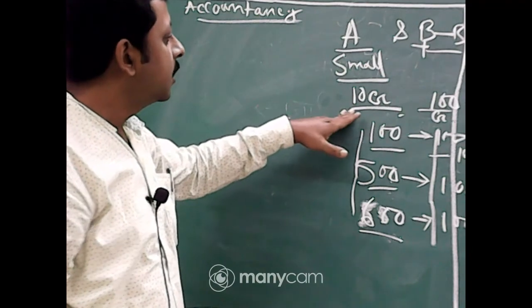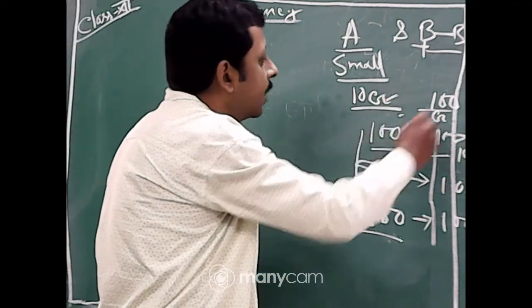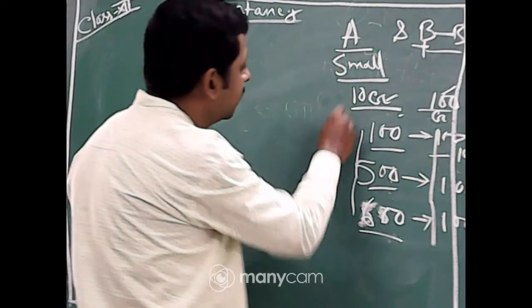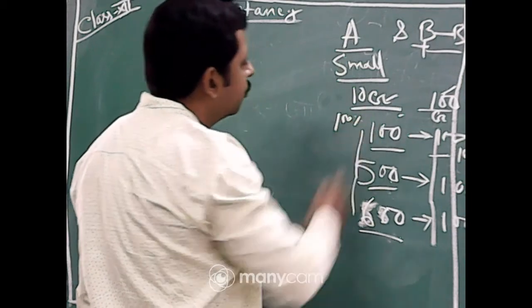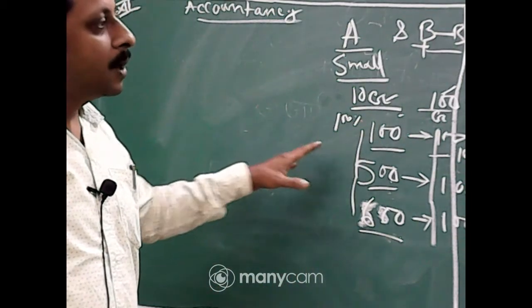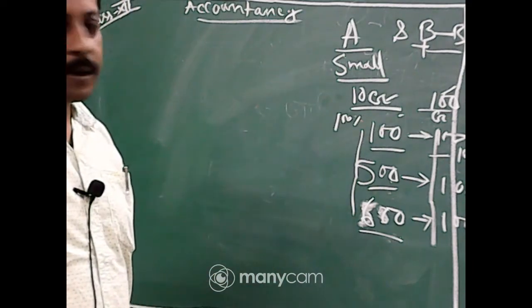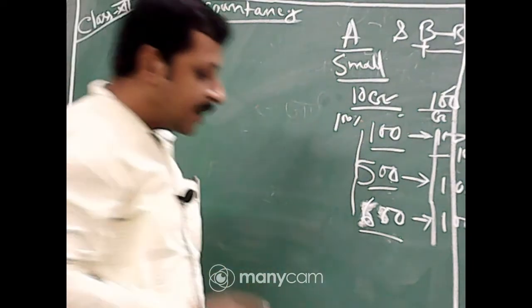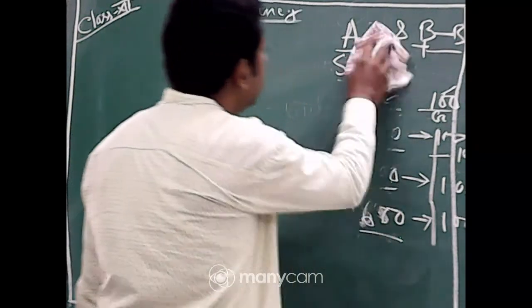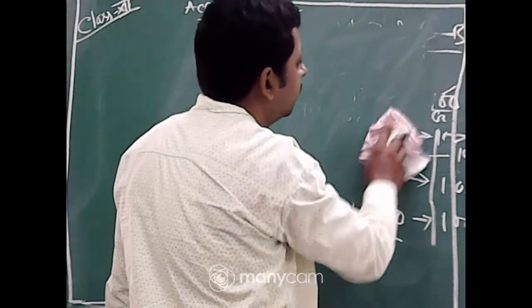If 10 crore is the base and 100 crore is the big company, then easily you can convert it into 100%, and through 100% you can do whatever comparison is needed. Just take a practical problem, then you can easily understand what I want to say.